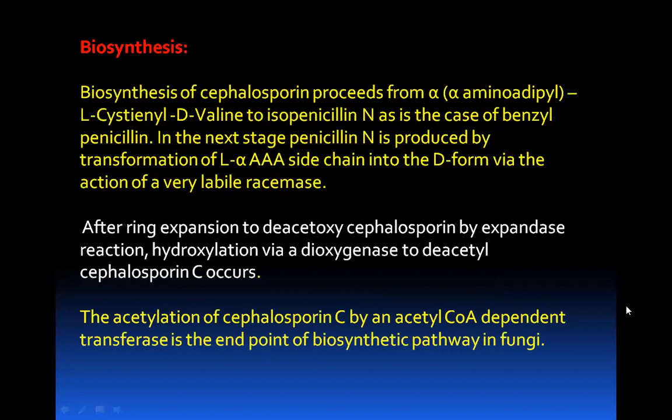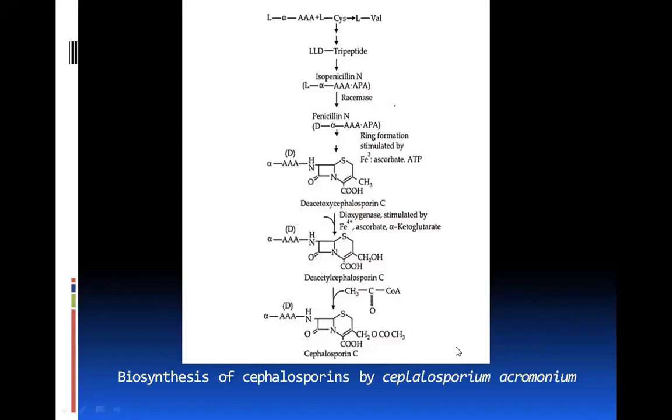After the ring expansion to deacetoxycephalosporin by the expandase reaction, hydroxylation occurs to deacetylcephalosporin C, and the acetylation of cephalosporin C by an acetyl-CoA dependent transferase is the endpoint of the biosynthetic pathway in fungi, which could be clearly seen in this diagrammatic representation, wherein Cephalosporium acremonium is being used. So this is the flow chart of cephalosporin production.